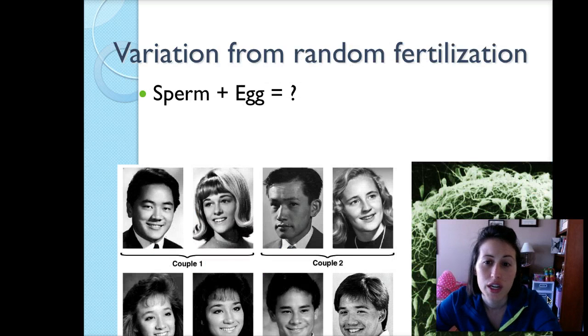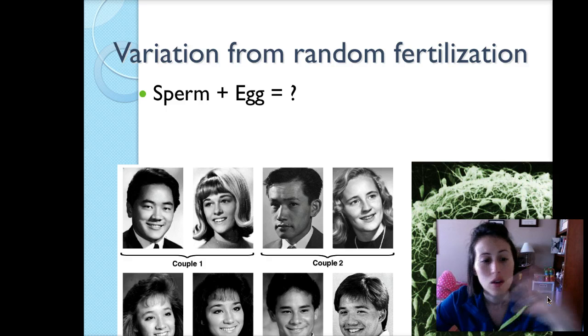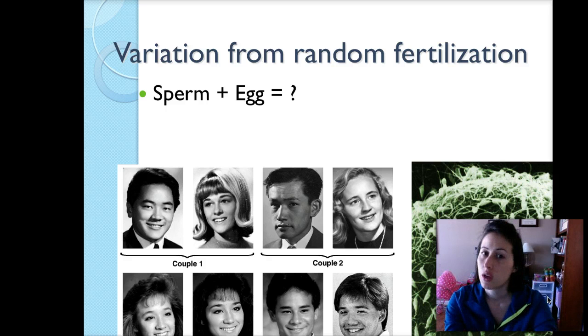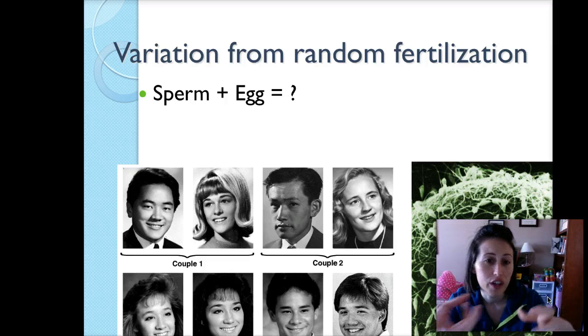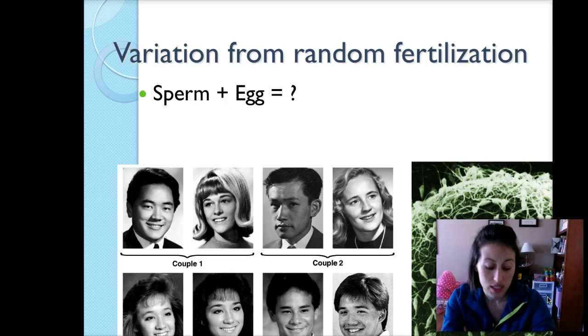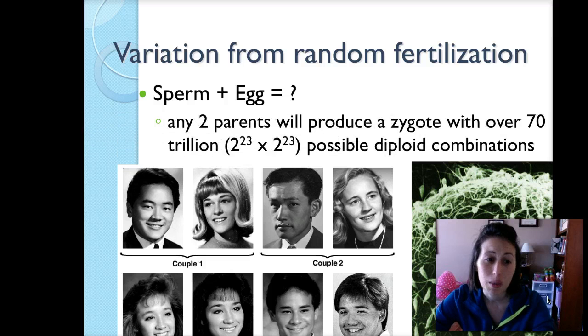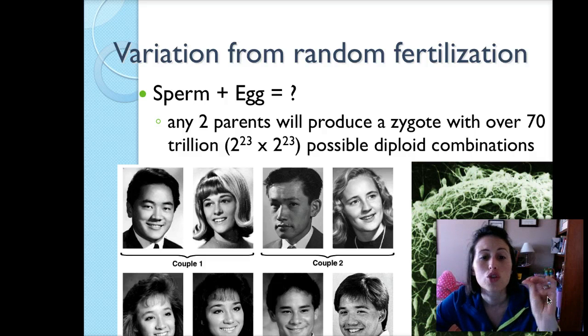And then there's variation from random fertilization. Whichever sperm gets to the one egg that is produced first is the one that's going to fertilize the egg cell. Like I said, typically it is random which one is chosen. So any 2 parents will produce a zygote with over 7 trillion possible diploid combinations.